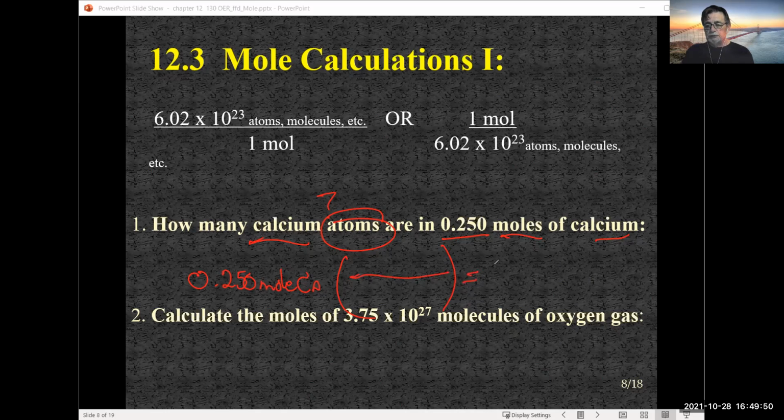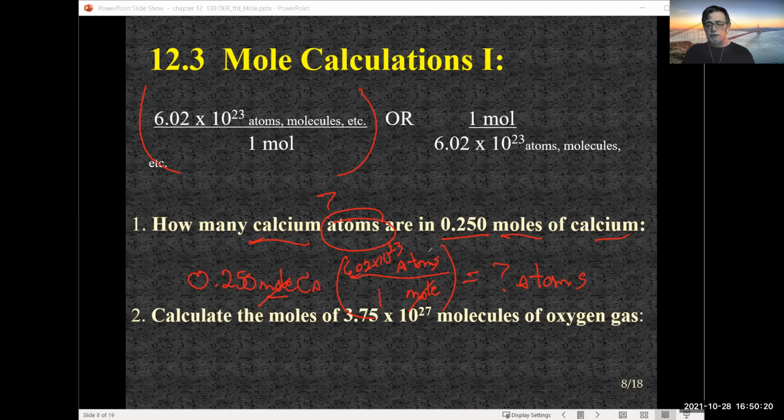I'm looking for units of atoms. Based on the question, I'm given moles, so that means I need to put moles in the denominator and atoms in the numerator because I want moles to cancel. Therefore, I will be using the factor on the left, 6.02 times 10 to the 23rd over 1 mole.